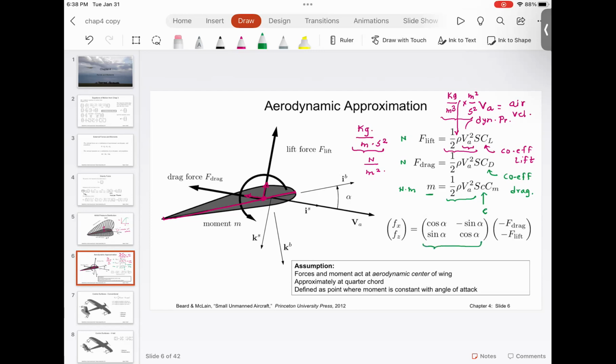This transformation matrix will take the forces in the stability frame and convert them into the forces in the body frame.